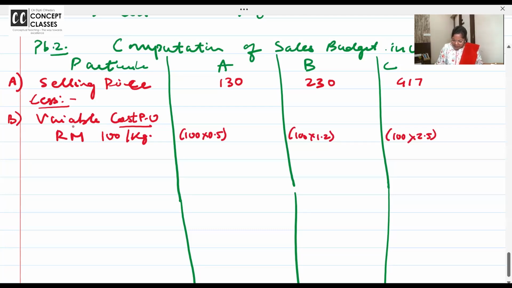Are you now getting it what I am doing? 50, 120 and 250. Write it very neatly, the working, so that next time you refer and you'll be able to do it. Is my speed fine?